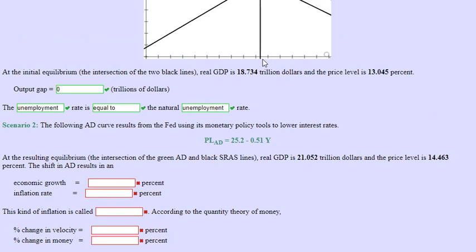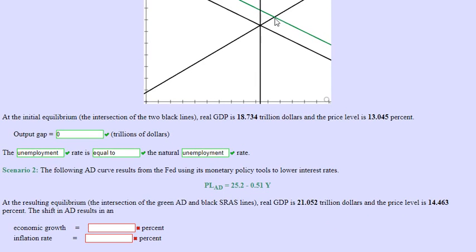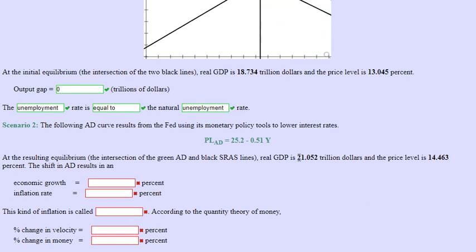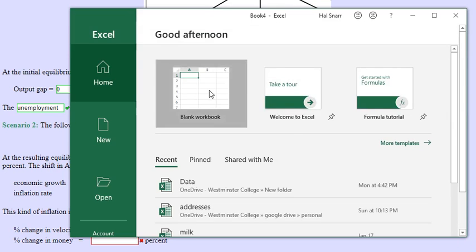Okay, so the economic growth rate from scenario 1 to scenario 2 is the percent change in GDP from here in scenario 1 to here in scenario 2. The inflation rate is the percent change in the price level from here in scenario 1 to here in scenario 2. So let me open up Excel.